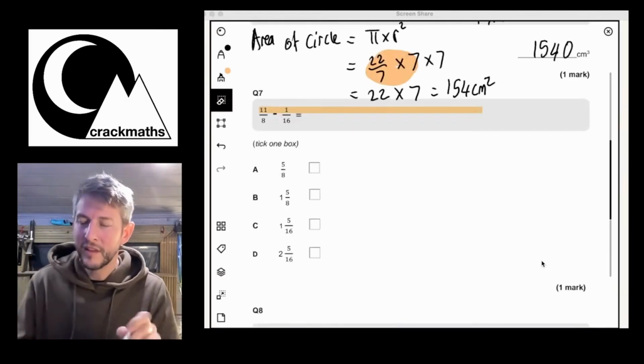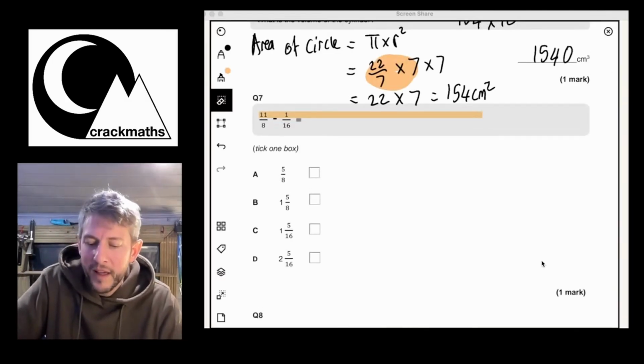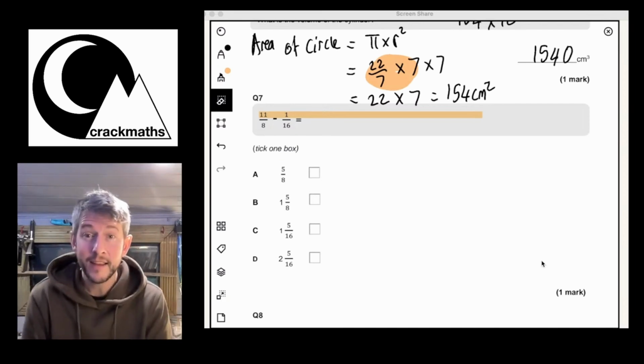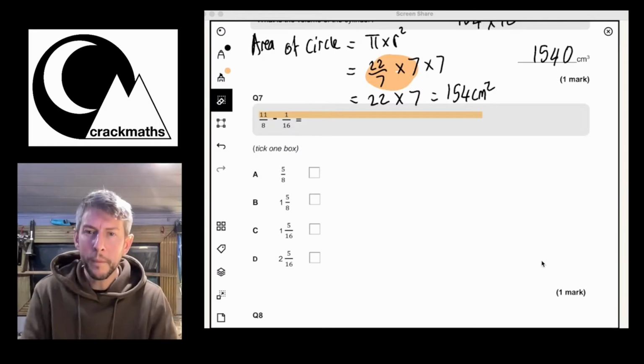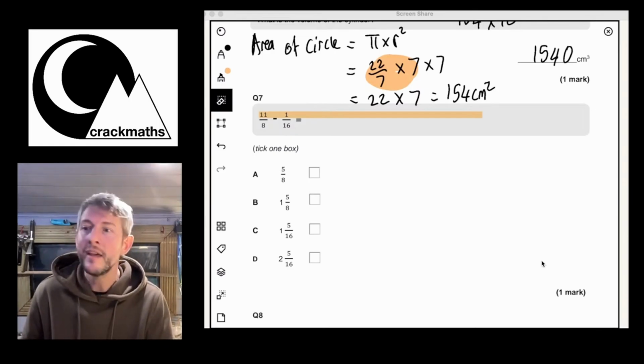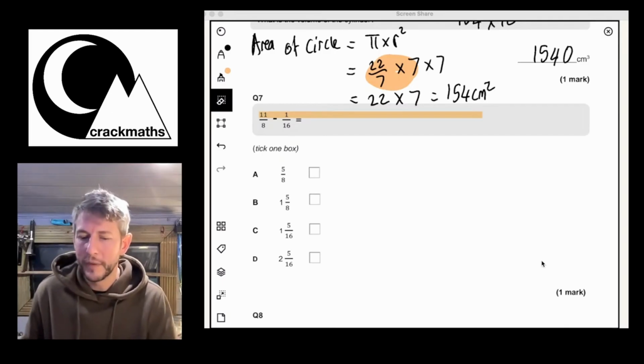Right, question 7. What we've got here is 11 over 8 take away 1 over 16. Okay, so this is a fractions question. Operations with fractions for adding and taking away can only happen when the fractions have the same denominator.